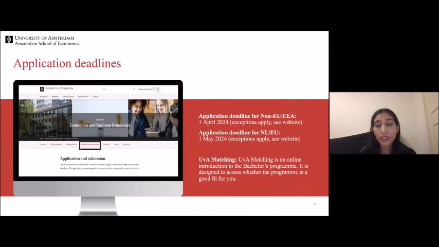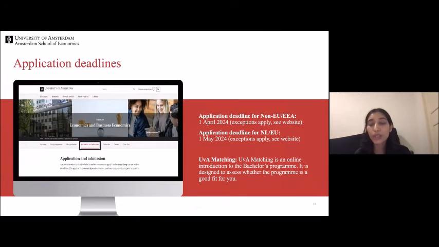So as I pointed out, there are deadlines for the application. Bear in mind that the application deadline for non-EU and EEA students would be 1st April, as opposed to EU students and Netherlands students, where the deadline is 1st May 2024, and exceptions apply in both cases. So please look at the website.